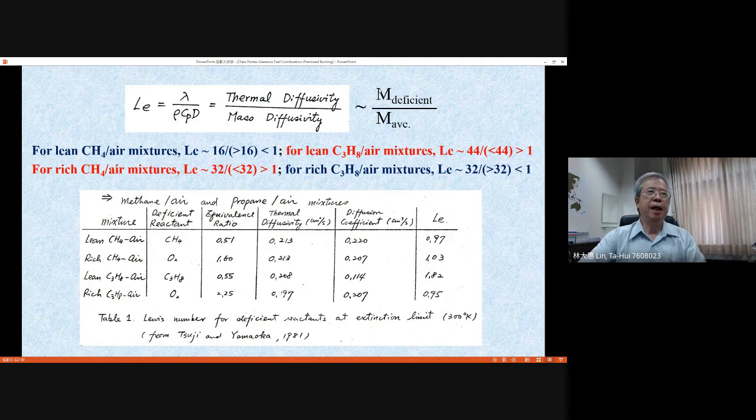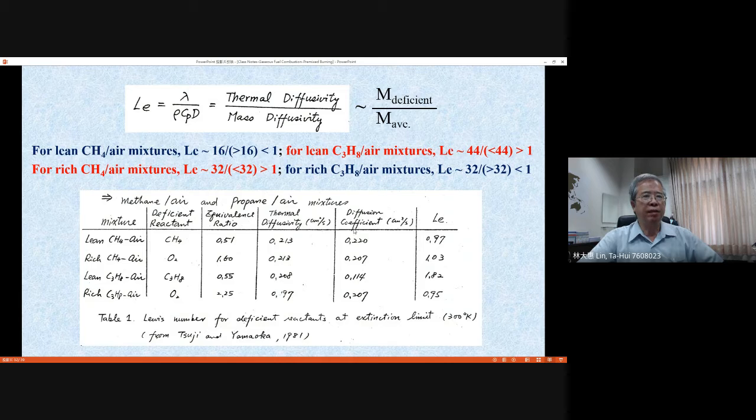Okay, now this is the idea we can think about when you have a premixture of fuel and burn in the air, and you try to estimate how much of the Lewis number it may have. Okay, now I give you some practice here. This is the table, and you can find the exact thermal diffusivity or diffusion coefficient D from the thermodynamic table.